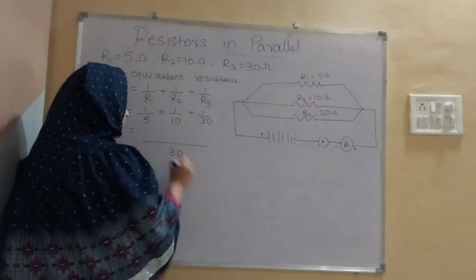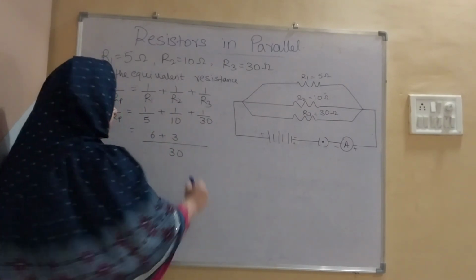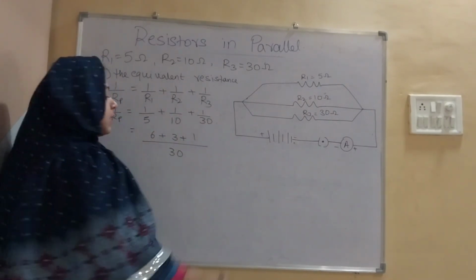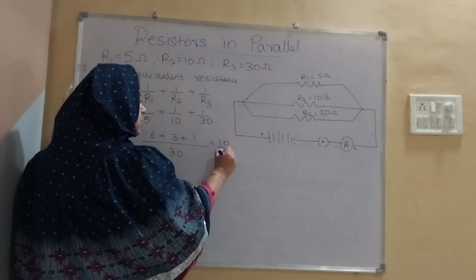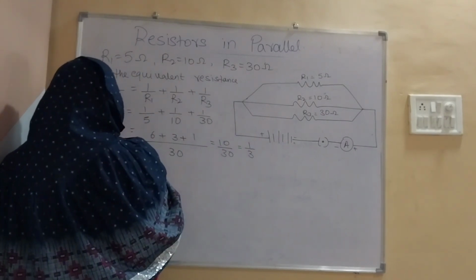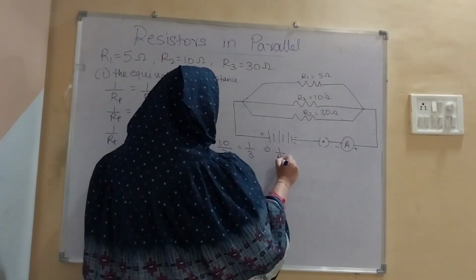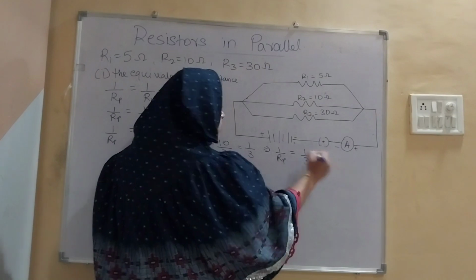LCM will be 30. 6 plus 3 plus 1, which is equal to 10 upon 30, which is equal to 1 upon 3. So 1 upon Rp is equal to 1 upon 3.